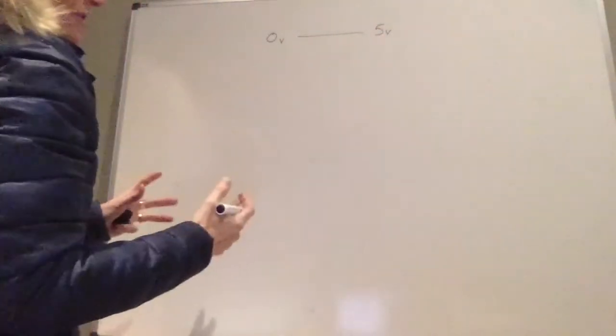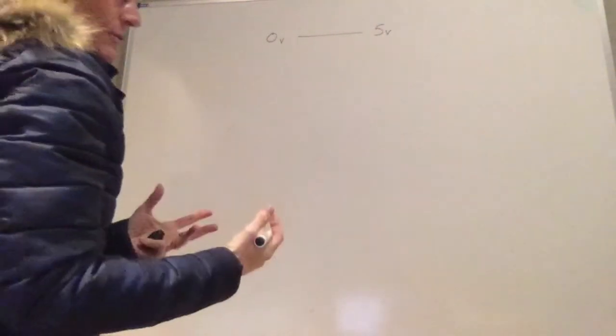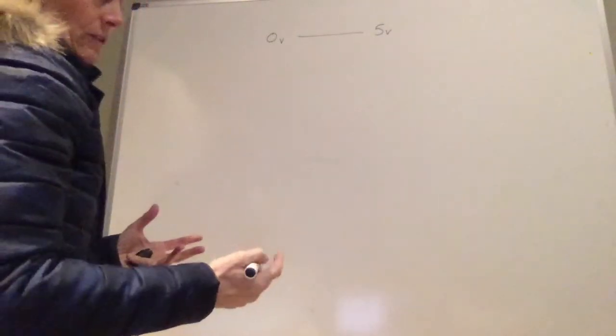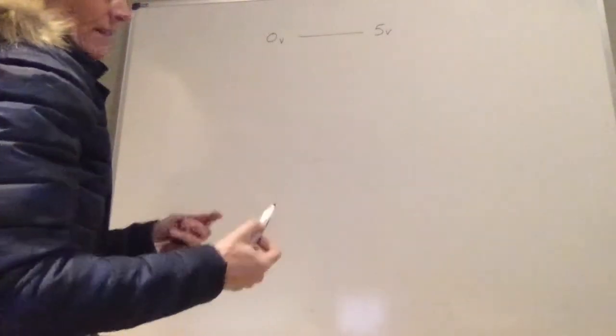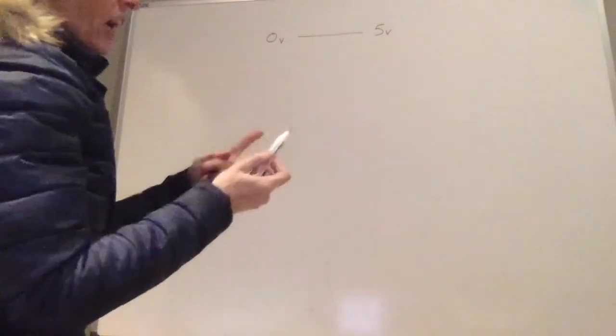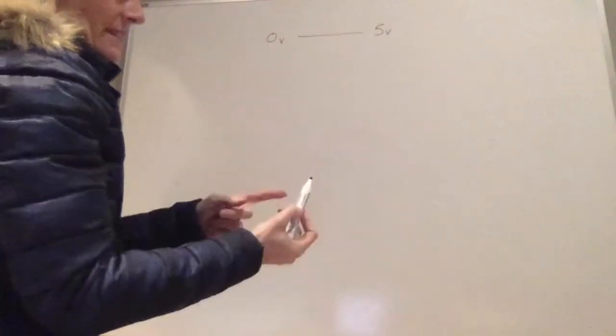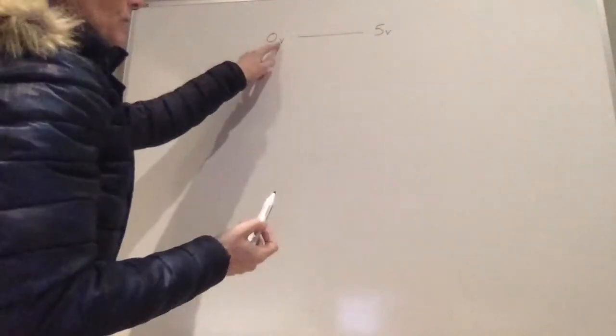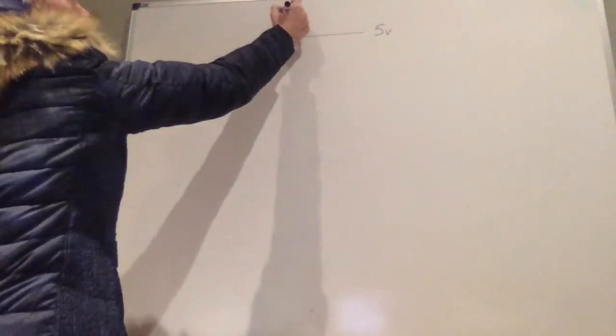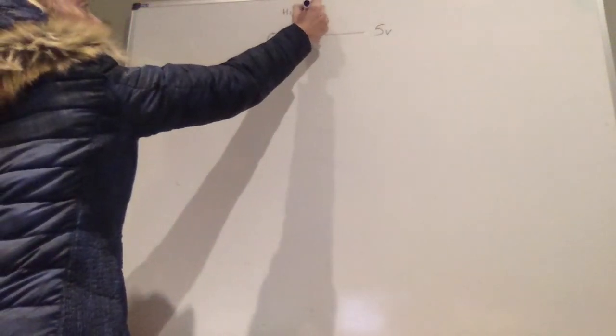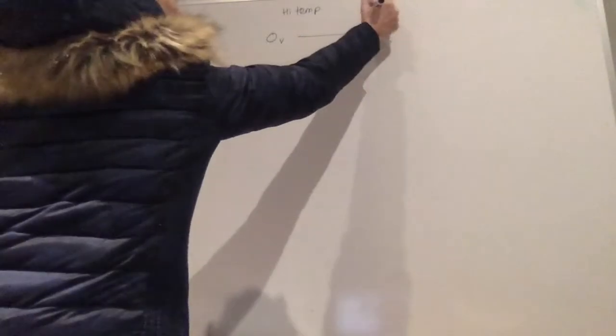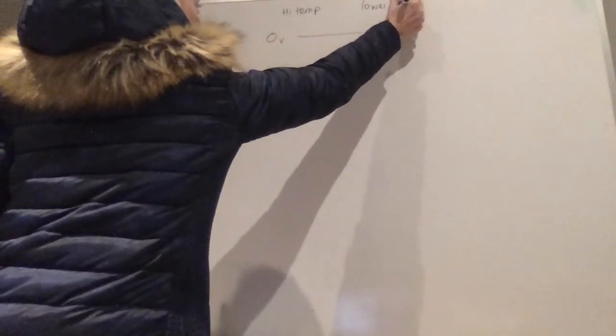And those voltages will correspond to the temperature of the thermistor, okay? And remember, when the temperature of the thermistor is high, that means the resistance is low and it means the output voltage is low. So a lower voltage means a higher temperature and a higher voltage means a lower temperature.